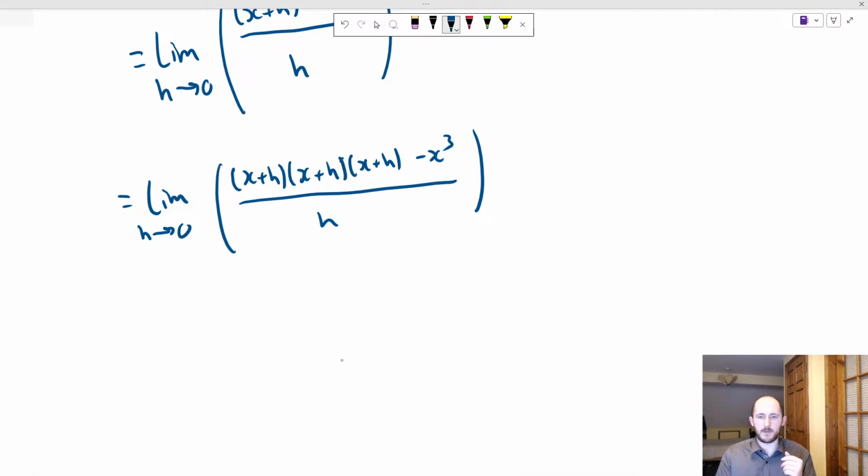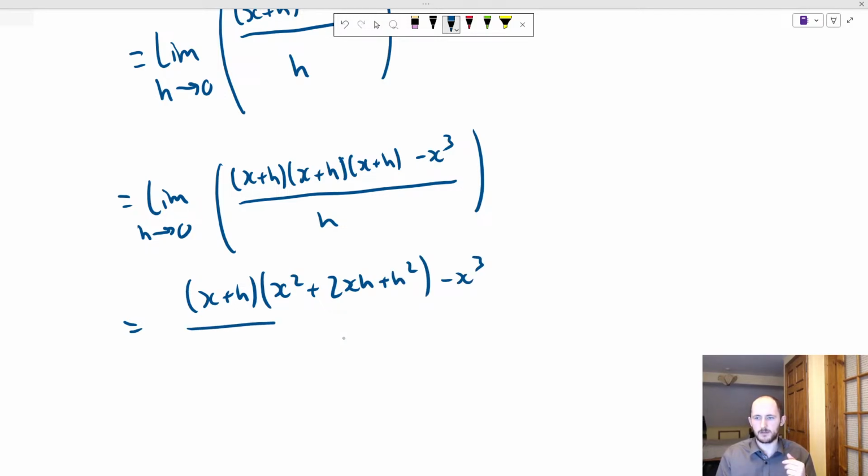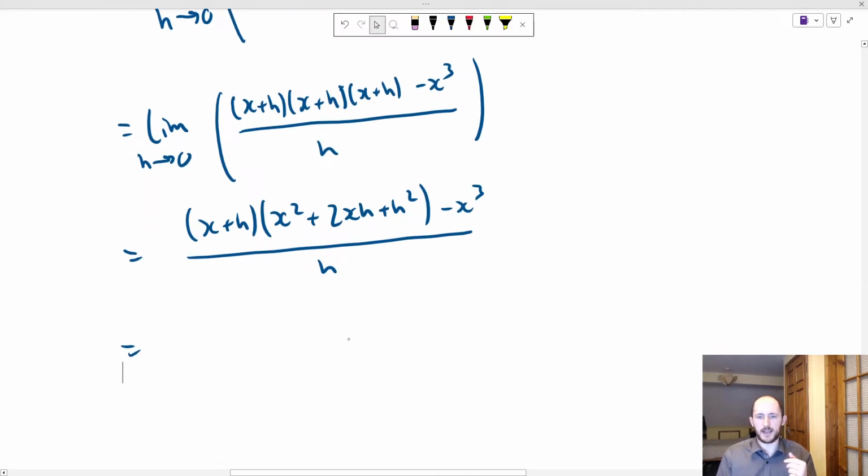I'm not going to write the limit just for a bit, because otherwise I'm going to get carpal tunnel. So that is going to be x squared plus 2xh, or 2hx, either way round, plus h squared, minus x cubed over h. Expand that again, we get x times x, x cubed, plus 2x squared h, plus h squared x.